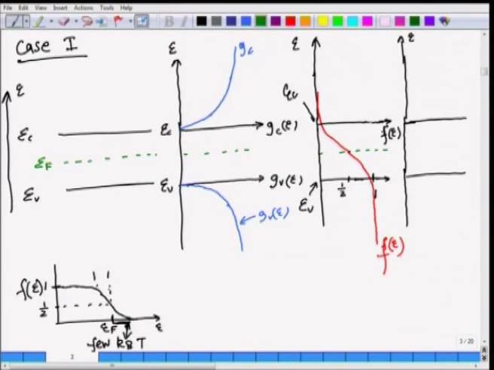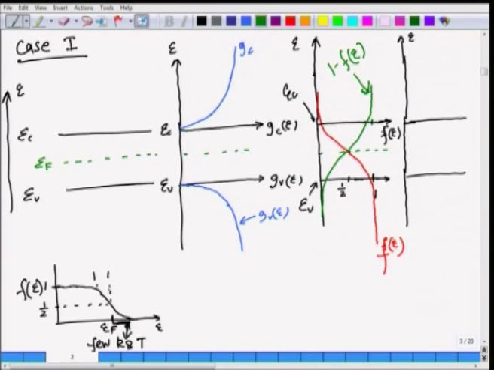Since it was 1 right here, it is the mirror image of f of E, simply 1 minus f of E. So, I will plot this like this, slightly falling off, an exactly symmetrical curve. What I plotted here with the green line is 1 minus f of E.